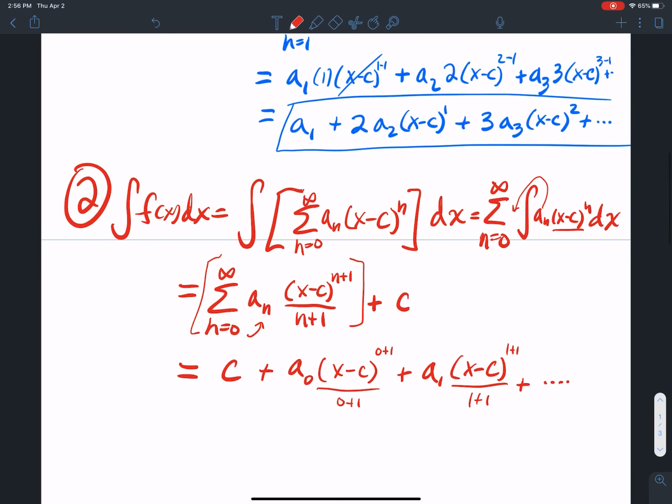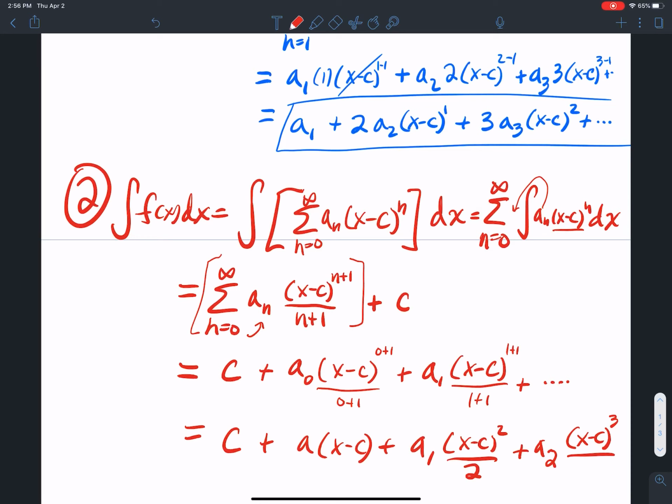So what does this equal? This is c plus a0 (x minus c) plus a1 (x minus c) squared over 2 plus a2 (x minus c) cubed over 3, and so on.